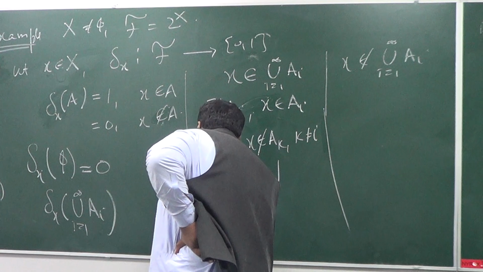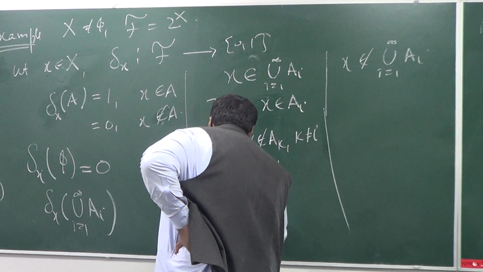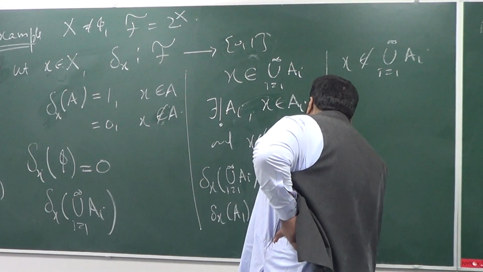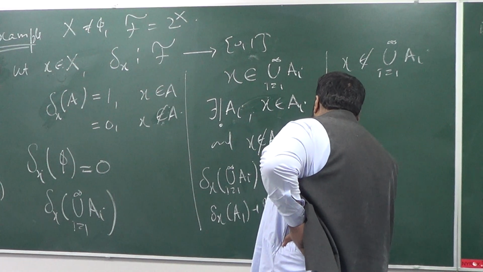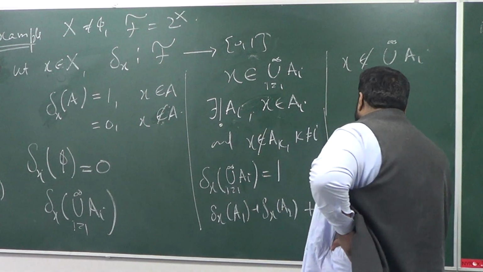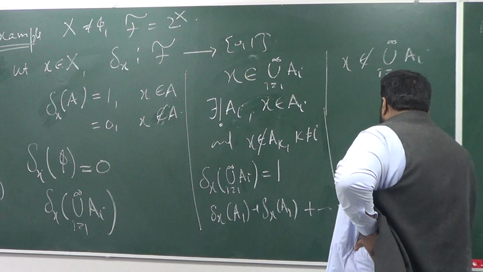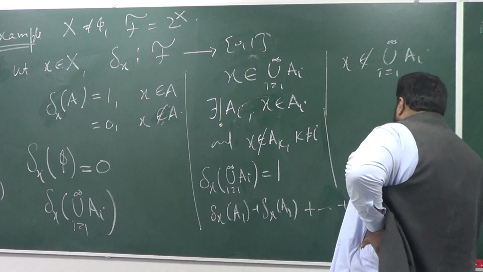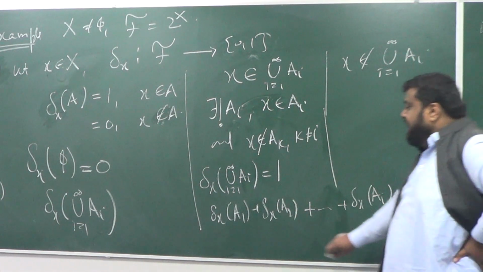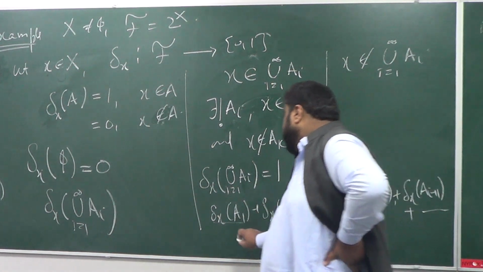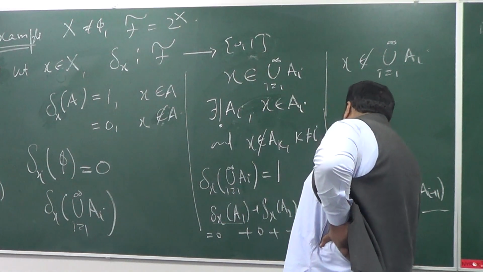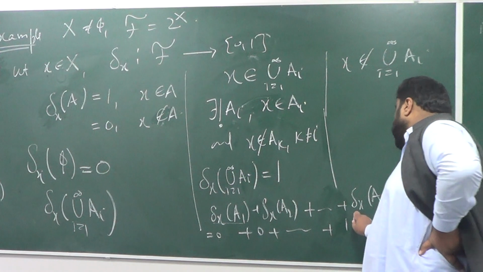If I compute delta x of A1 and delta x of A2, plus so on and so forth, delta x of Ai, and plus delta x of Ai plus 1, and so on, what is this sum going to look like? x is not in A1, so this is 0, plus 0, plus so on and so forth, plus this is going to be 1, and the rest is going to be 0.